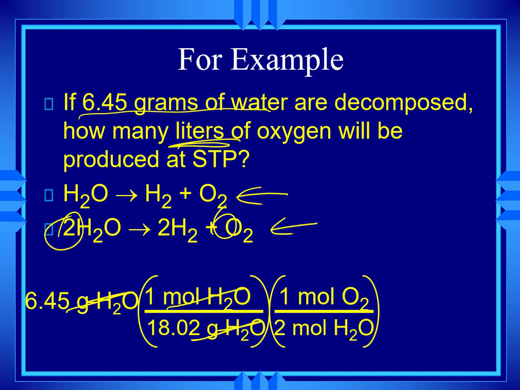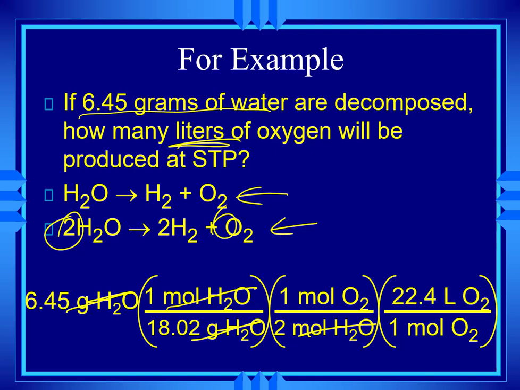And my moles of water cancel out. Now I need to get rid of the moles of oxygen. Last night you would have turned it into grams of oxygen, but instead they asked for volume, so I'm going to turn it into liters. 22.4 liters of oxygen is 1 mole of oxygen.